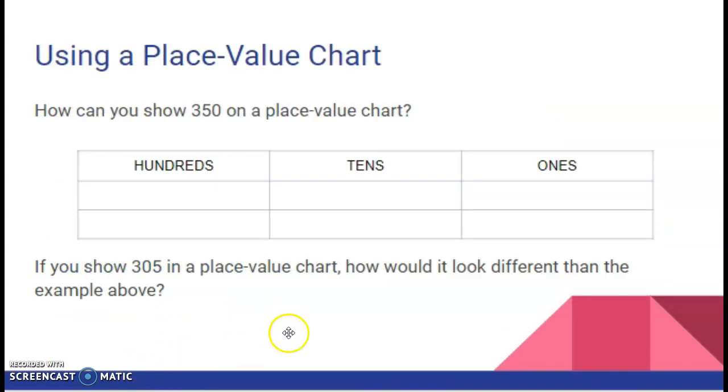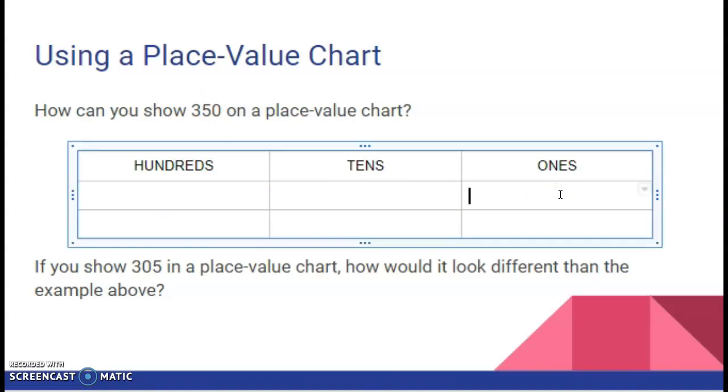How would you use a place value chart to show 350? So we're going to look at this. If you were to put this number in place value, what digit would go in the ones place?